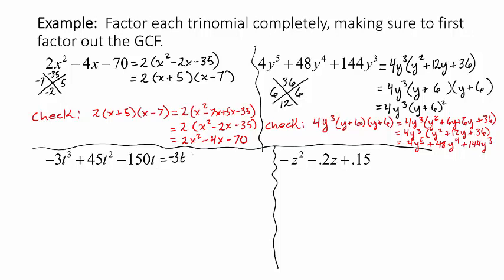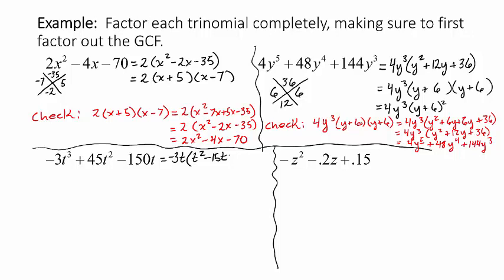Negative 3t times t squared is negative 3t cubed, right? If we pull negative 3 out of 45, what times 3 is 45? 15, right? So we're going to have minus 15t, because we're pulling a t out too. Does that stand to reason?